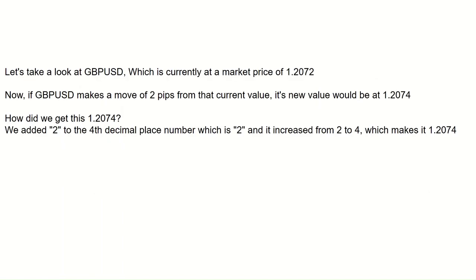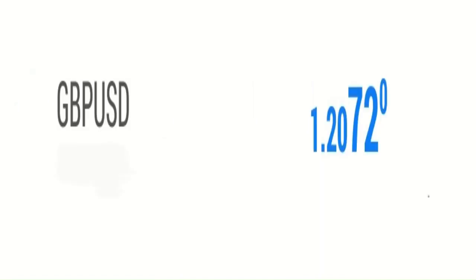Now let's get into the calculation. It is currently at a market price of 1.2072. Now if GBP/USD makes a move of 2 pips from the current value, its new value will become 1.2074. Like we explained earlier with EUR/USD, when it made a movement of 1 pip, we added the 1 pip to the fourth decimal place.